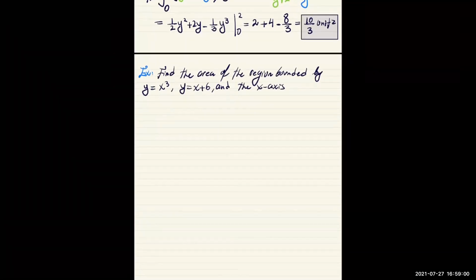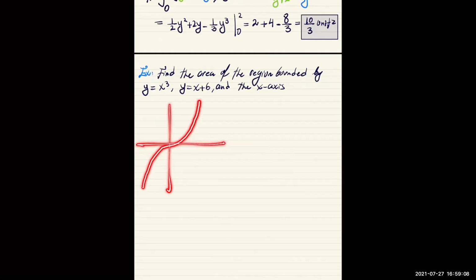Okay, so one of them is the cubic function, that's x cubed, and the other one is x plus 6, which is a line. It's gonna look like that. Yeah, so this is going to be our region.